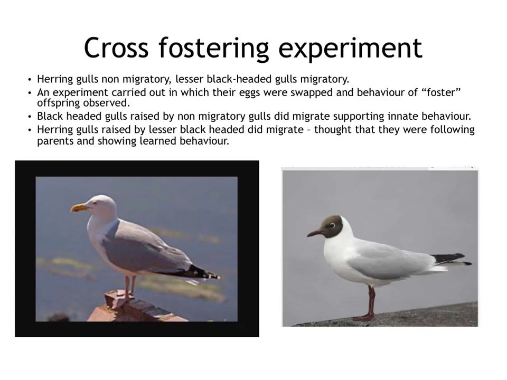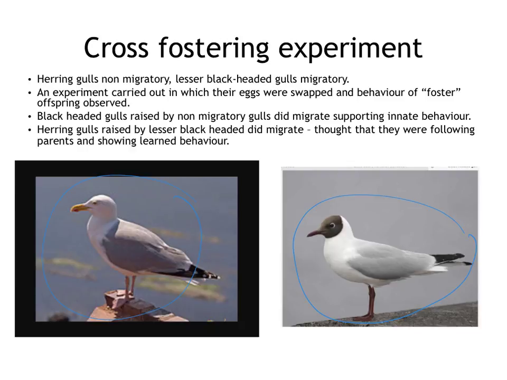Now, there were other experiments that have been done looking at birds that migrated and birds that didn't migrate. Here's an example: this is a herring gull, and it is a non-migratory bird. It doesn't migrate. This gull here is called the lesser black-headed gull, and it isn't a migratory one.